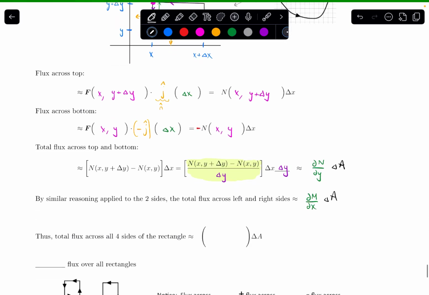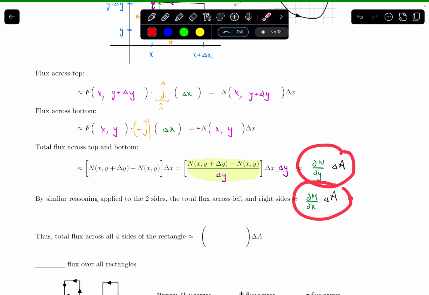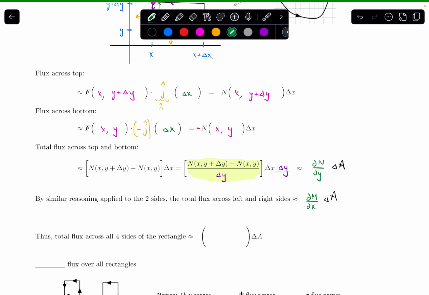So now if we add both of these together, this is the top and the bottom, this is the left and the right. They both have a delta A, which I can factor out. So what that'll leave me with in parentheses is partial of m with respect to x plus partial of n with respect to y.